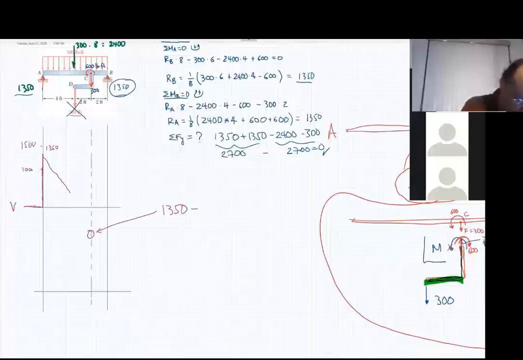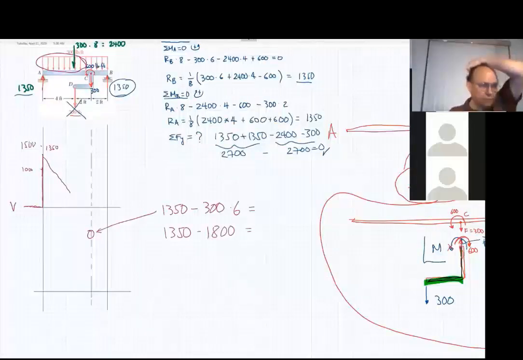So it will be all this load, that will be 300 times 6. So 1350 minus 1800 equals 450 negative, right? So I have to go down to 450.